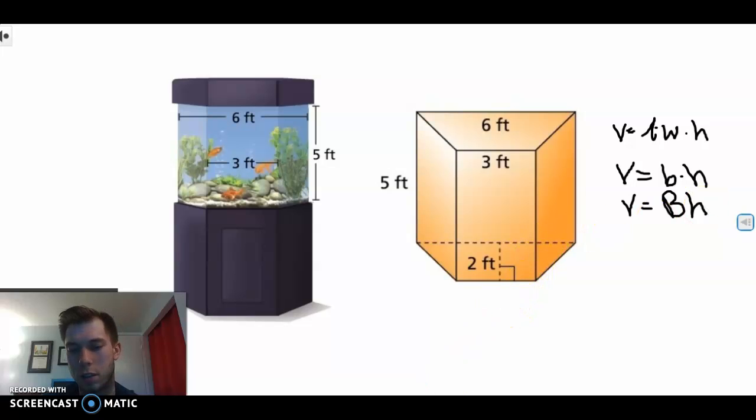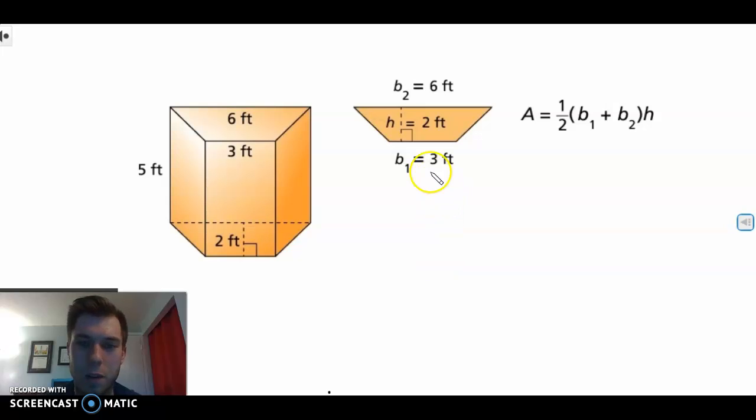Well, let's take a look at this. First we're going to need to figure out the area of the base, which in this case is a trapezoid. When we draw the trapezoid from here, we have base 1 of 3, and that comes from here, and base 2 is equal to 6 feet, coming from here. The height, which is the distance from base 1 to base 2 when making a straight line that is perpendicular to the base, is 2 feet, and that comes from down here.